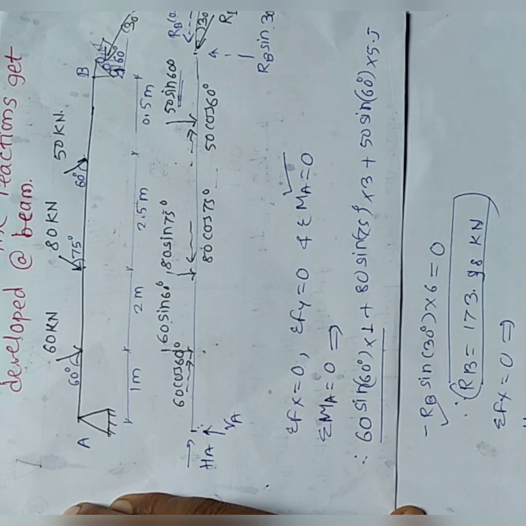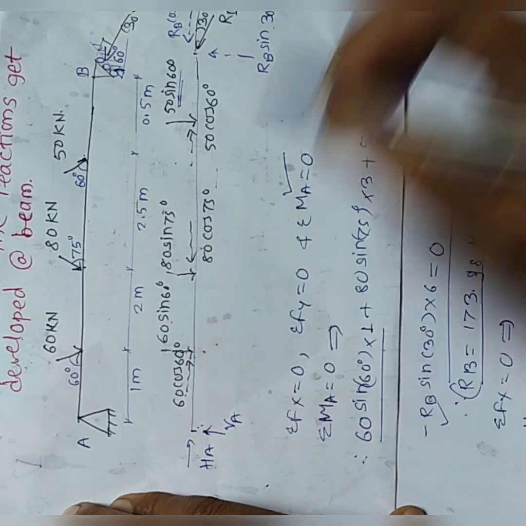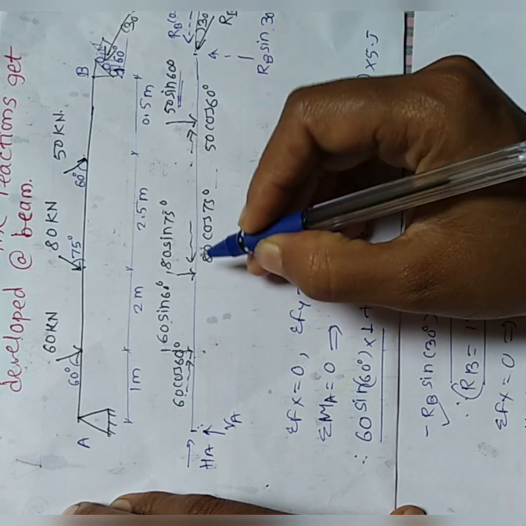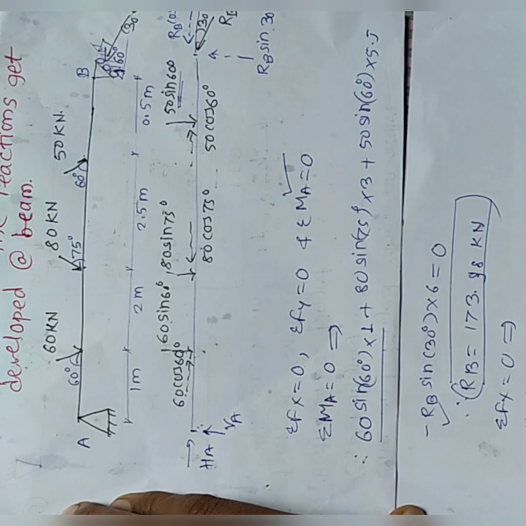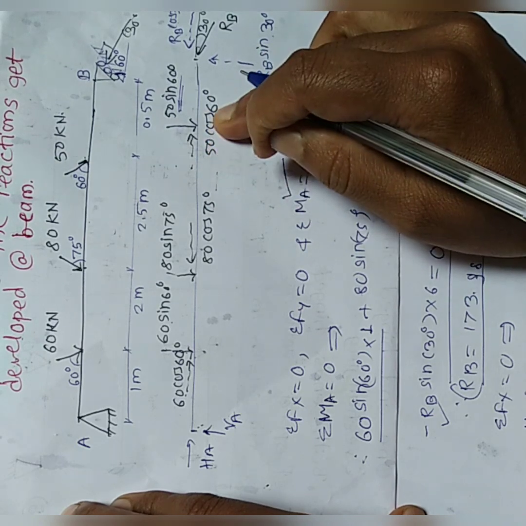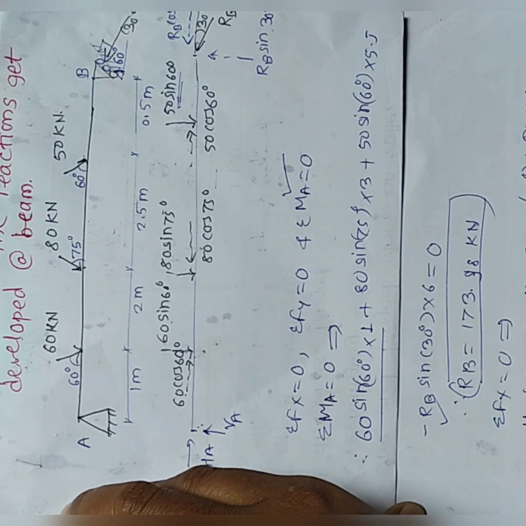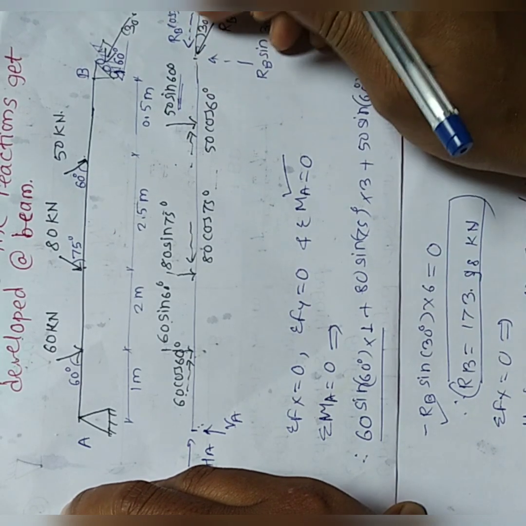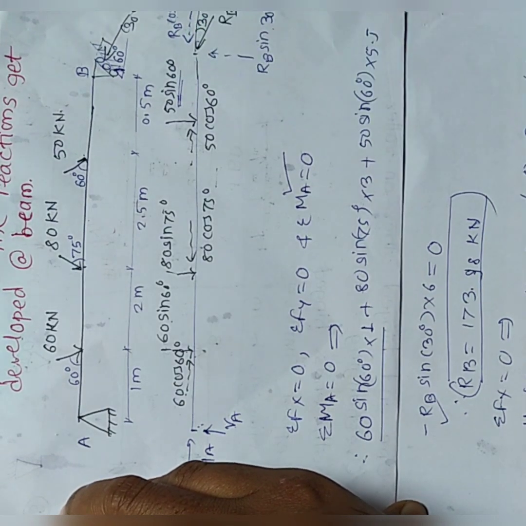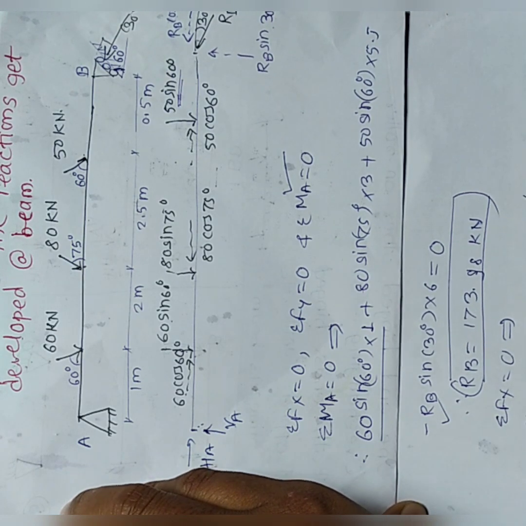So HA going towards the right hand side plus, then 60 cos of 60 going towards the right hand side, that's why plus 60 cos of 60 degree, minus 80 cos of 75 degree, plus 50 cos of 60 degree since it is going towards the right hand side, plus 50 cos of 60 degree, and RB cos of 30 is going towards the left hand side, that's why taken as minus RB cos of 30 degree is equal to 0.